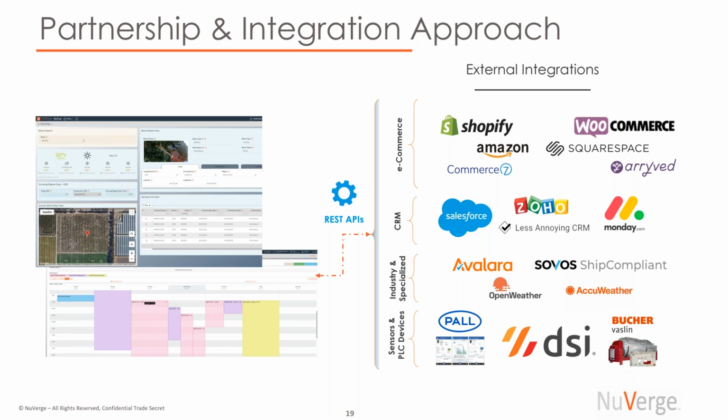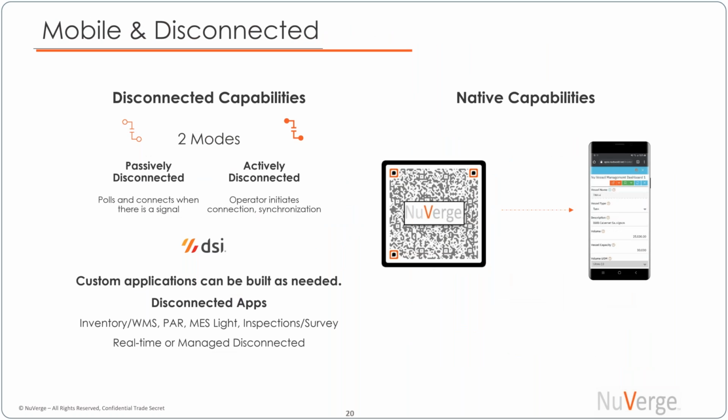With that said, we also work with mainstream partners like DSI, who take care of our mobility needs in regards to disconnected, and that's our next slide here. You'll see native capabilities built into Nextworld. QR codes are easily supported, so we can pull up a QR code off of anything in your farm or in a cellar or wherever you're located.